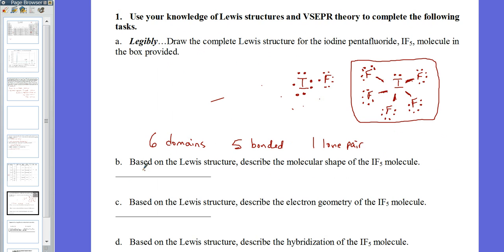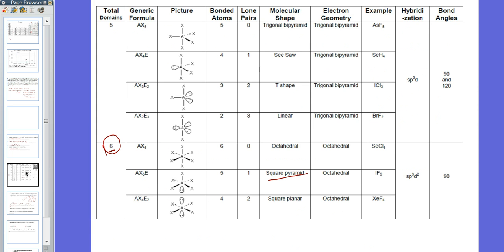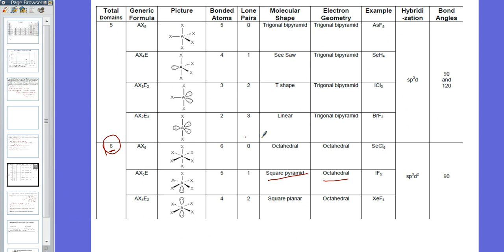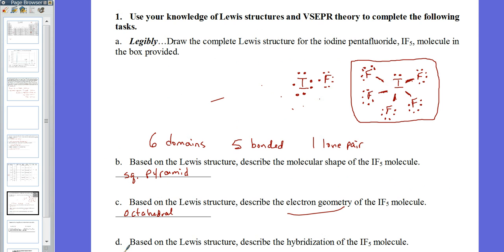So you just write that in. The electron geometry is also found on here, octahedral. And the hybridization is also found on here as sp3d2.